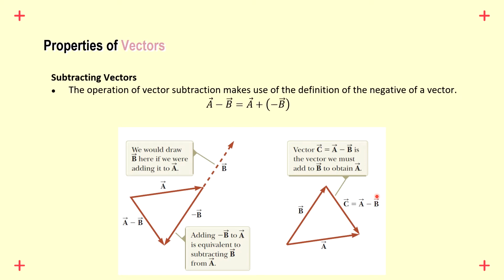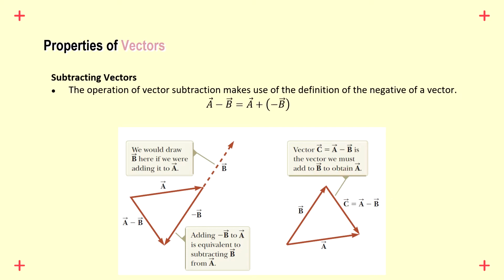That gives us B plus C is equal to A. So in this approach, we want to find the vector that we must add to B to obtain A. Okay? So I hope that's clear.